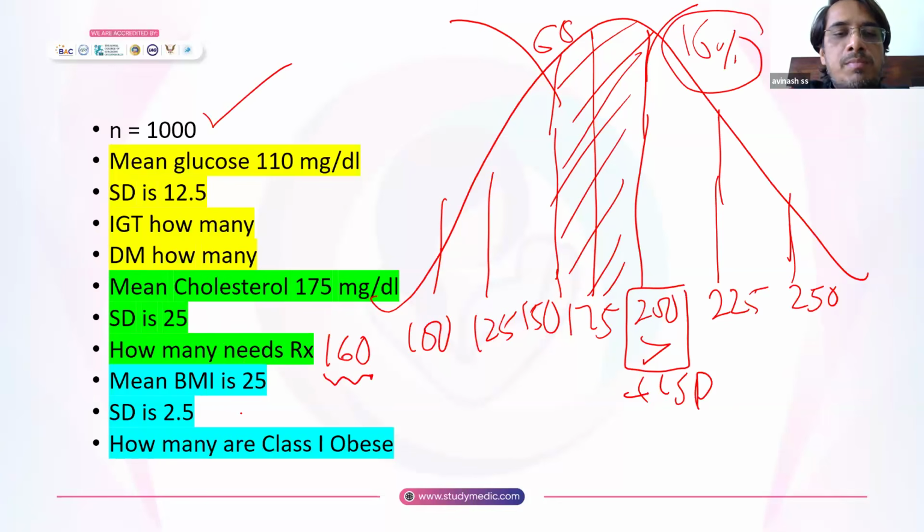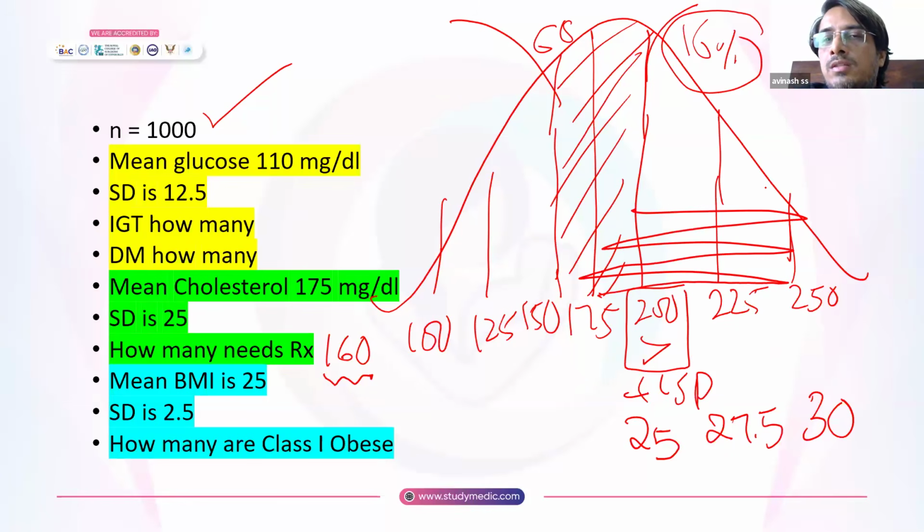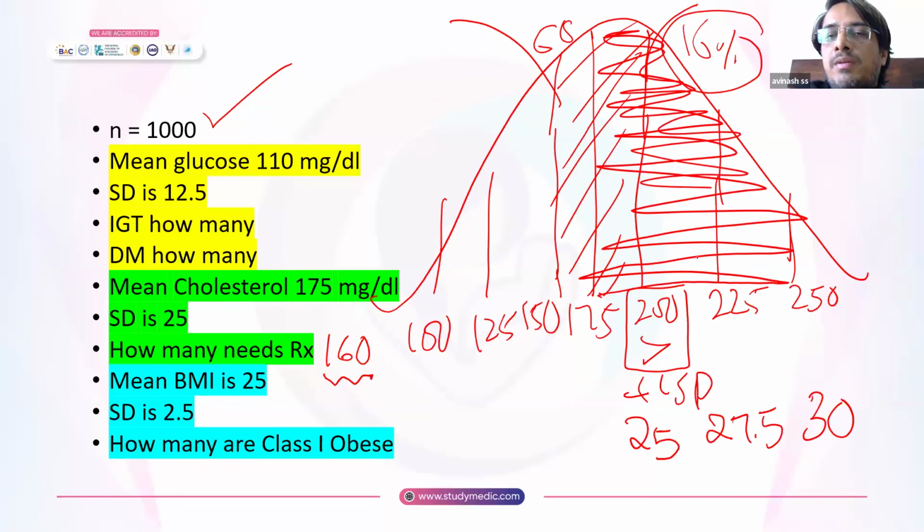Similarly, you can see if the BMI is 25 and SD is 2.5, plus 2 SD is 27.5, plus 3 SD is 30. The question they asked is how many are class 1 obese? Class 1 obese means here it is going up to plus or minus 3 SD. 3 SD means 99.7%.